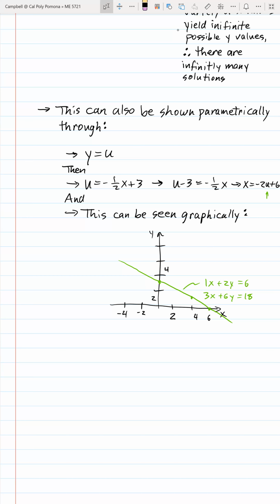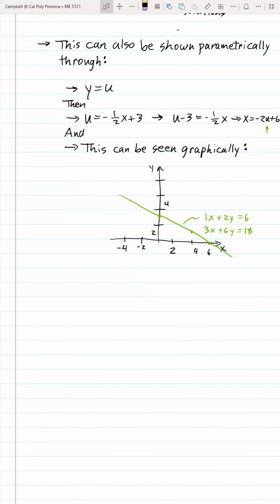And we're already familiar with that because we gave that case a special name. Note.